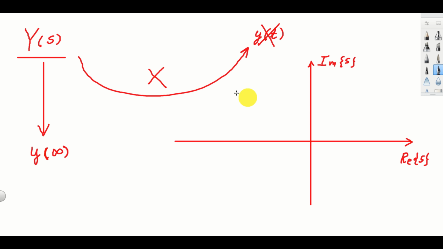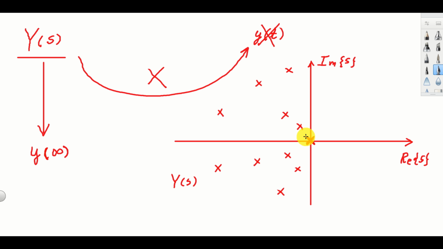All the poles of Y(s) have to be strictly in the open left half of the complex plane. That is, they should be over here, and at most we can tolerate a single pole at 0.